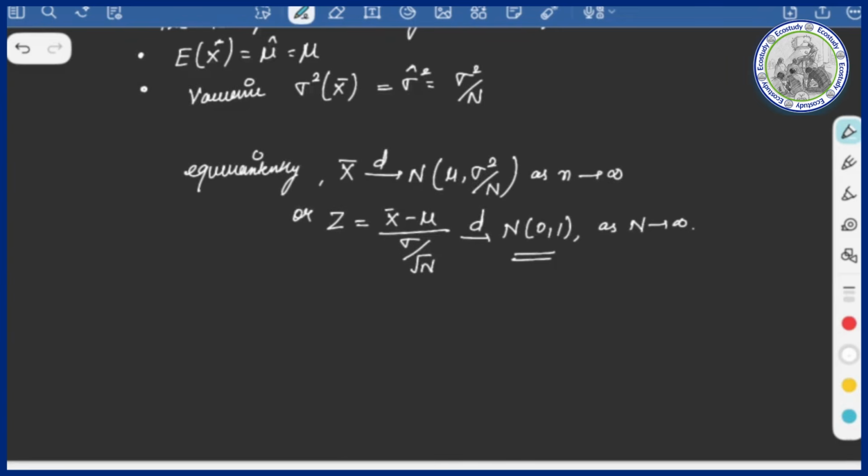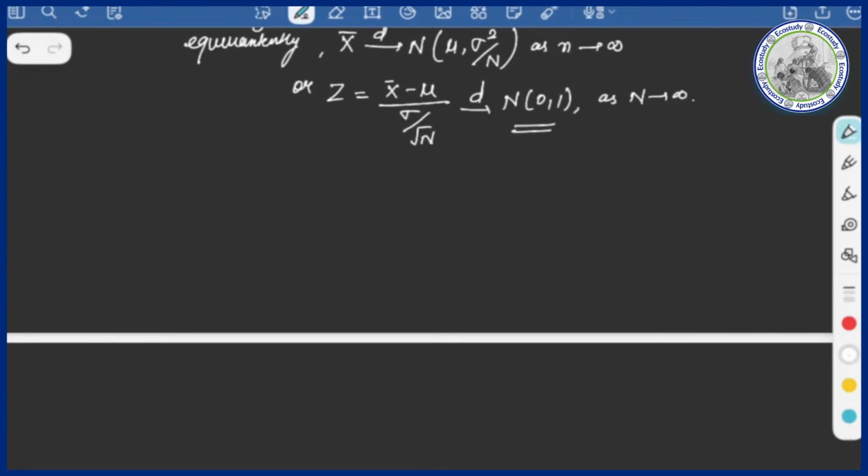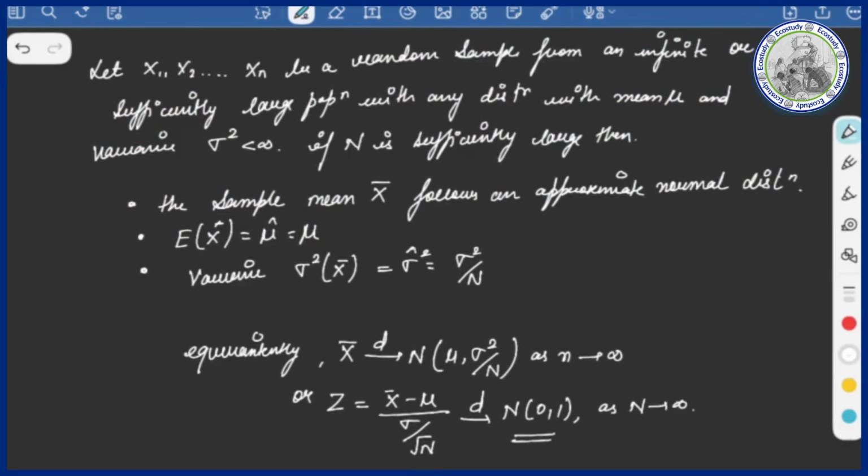Now, what is sufficiently large? Here I have written that n is sufficiently large, so when should you use the central limit theorem? Let me change my color.